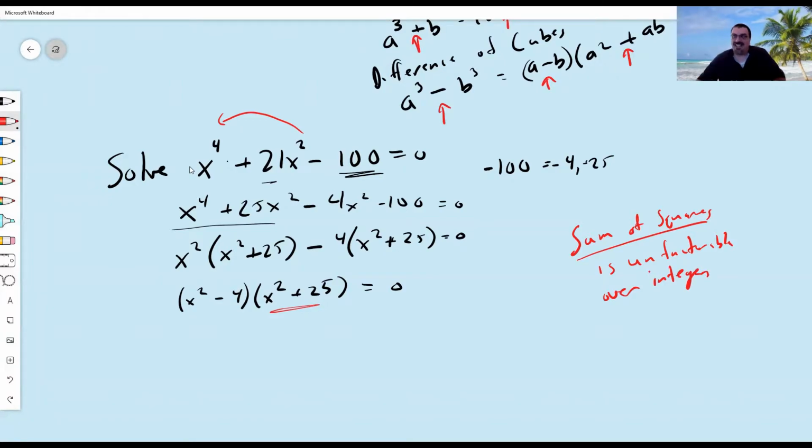We could factor it, but we're not going to. This here, x squared minus 4, that's x squared minus 2 squared, so that's going to be a difference of squares. We have x plus 2, x minus 2. We're not going to factor the sum of squares.